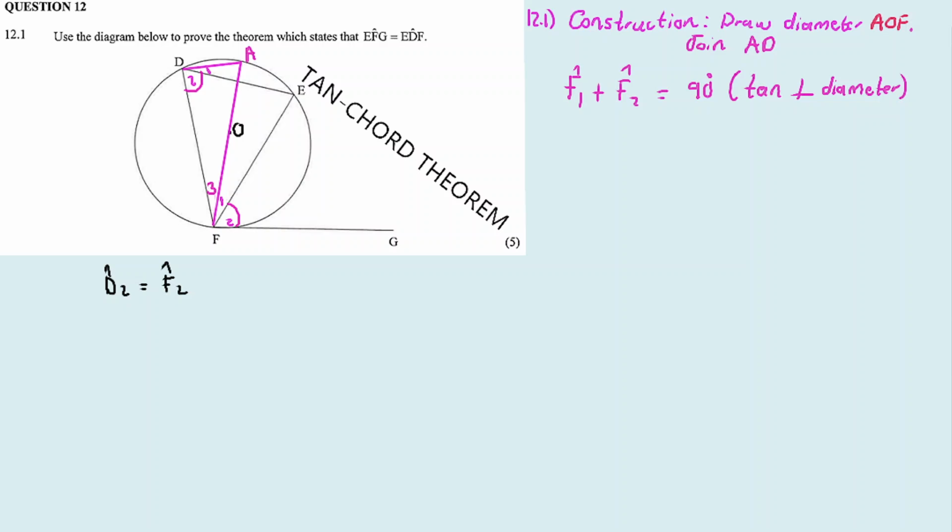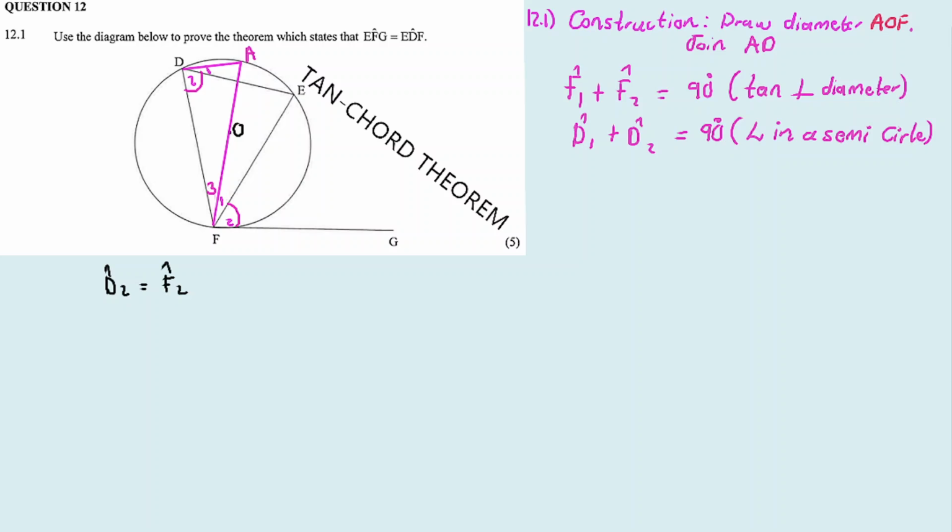And then D1 plus D2 is equal to 90 degrees. Why is this true? It's because of the angle in a semicircle. So D1, D2, F1, F2 are the angles we must focus on, so that we can prove that these angles are equal to each other.